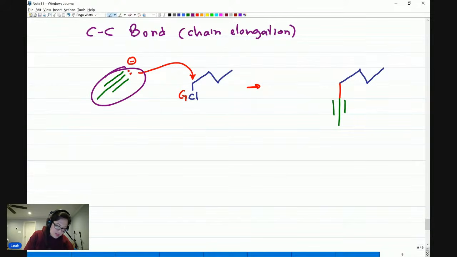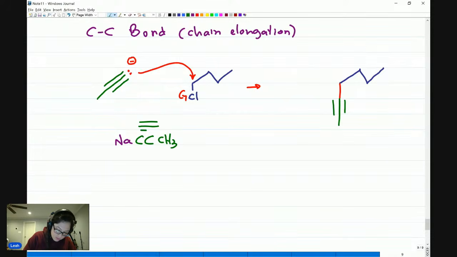For this one right here, you'll either start with the alkyne where you'll deprotonate, or you'll see it written as something like Na and then CCCH3. That's your CC triple bond, and then that's the CH3 right there at the end. The Na is a positive spectator. It looks like a metal sitting next to the atom.